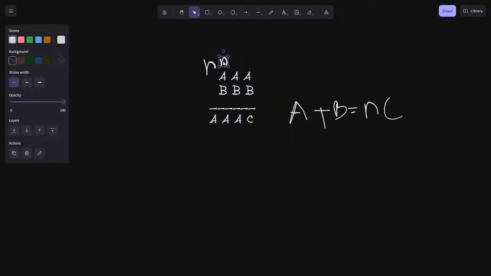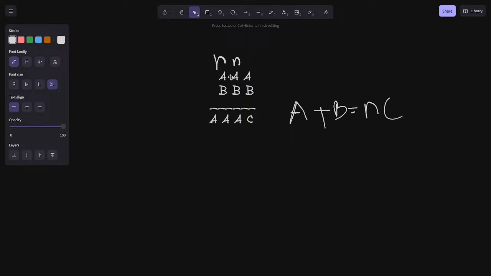Here, n goes here, and another n goes here. So I also want A plus B to give us A. That also means A plus B gives us NC, and also A is greater than C. The information that I'm going to pull out from here is also greater than C, right?